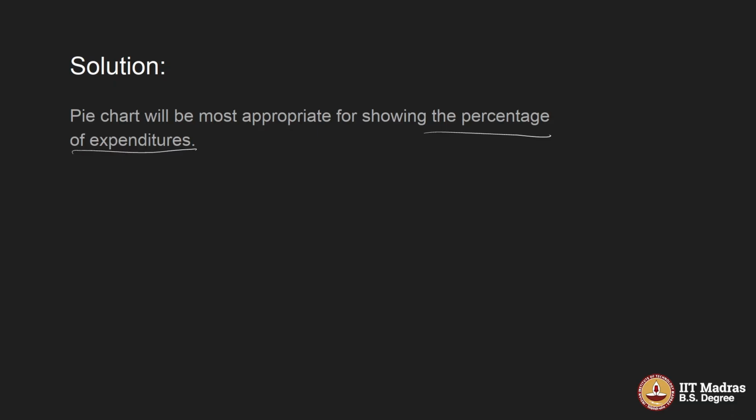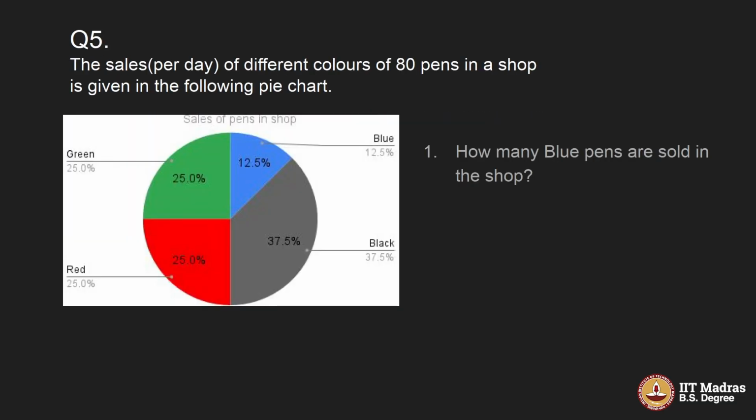Now, next question. The sales of different colors of 80 pens in a shop is given in the following pie chart. We have different colors, right? How many blue pens are sold in the shop? In total, we have 80 pens. And what is the relative frequency of blue pen? It is 12.5%.